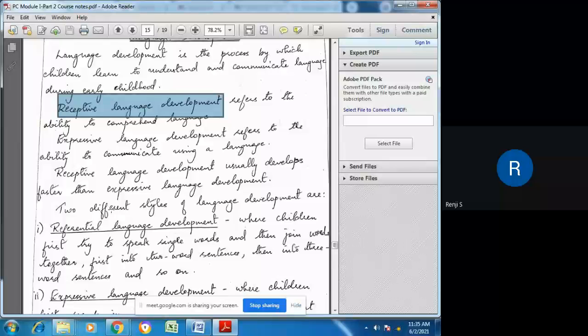So they understand this language well, and understanding a language is the first step in language development. So they will understand the language well, and then they will try to comprehend what they had learned. They will understand and they will keep it in their mind. They know it in their mind, but they don't know how to interpret it. And that is known as receptive language development. It refers to the ability to comprehend languages.